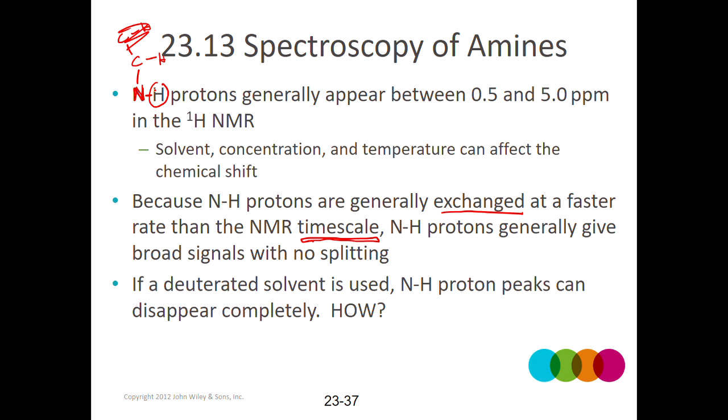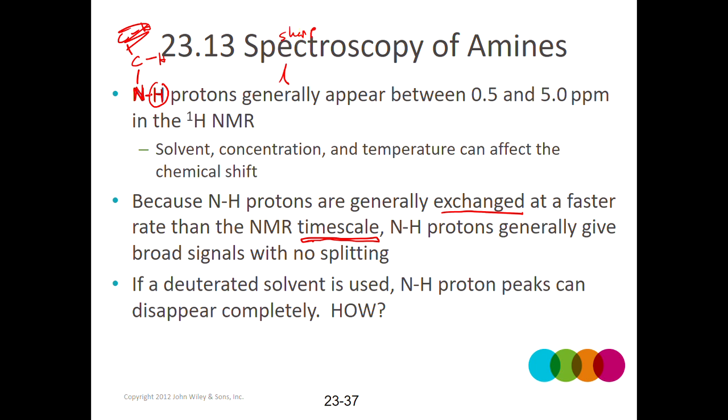So if this NH proton is coming off and being replaced with a different proton, and that's coming off and being replaced with a different proton, the signal doesn't get produced for the hydrogen in a very consistent way. Right? So, in other words, if the hydrogen were always attached to the nitrogen, then its environment would always be exactly the same, and every hydrogen would give the exact same signal, and they would all appear in the same spot. It'd be a very sharp signal.